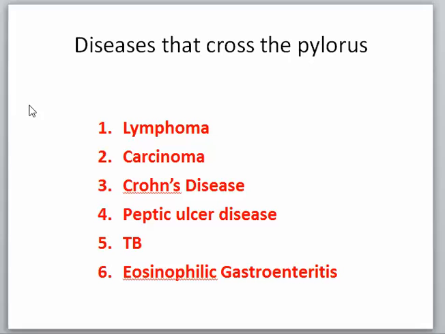The causes of such lesions that cross the pylorus could be carcinoma, lymphoma, Crohn's, peptic ulceration disease with cicatrization, and the other two are rare. So you can concentrate on these four: lymphoma, carcinoma, Crohn's disease, peptic ulceration, starting with carcinoma. As you see, the two most frequent diagnoses till now are carcinoma and peptic ulcer disease and its complication.